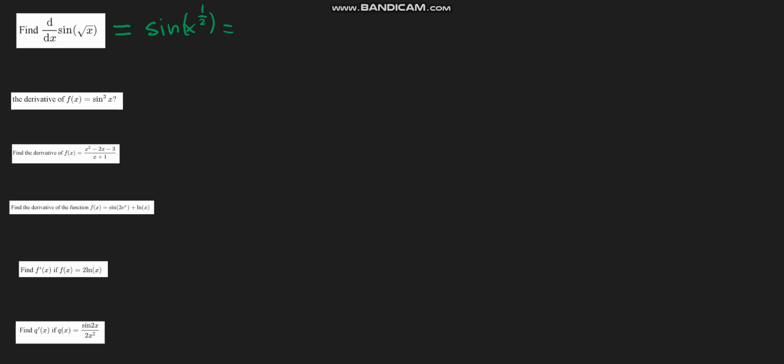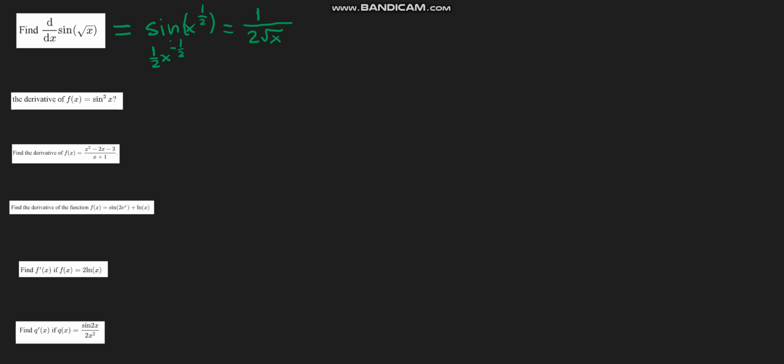So that would be 1 over 2 times x to the negative 1 over 2, which is 1 over 2 root x. How we do this is we have 1 over 2 x to the negative 1 over 2.